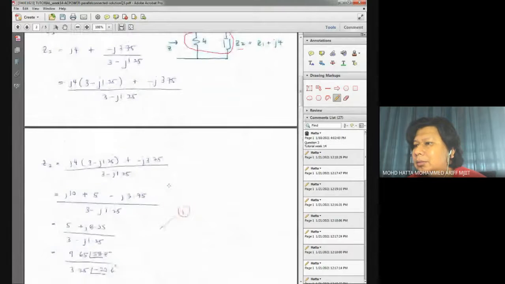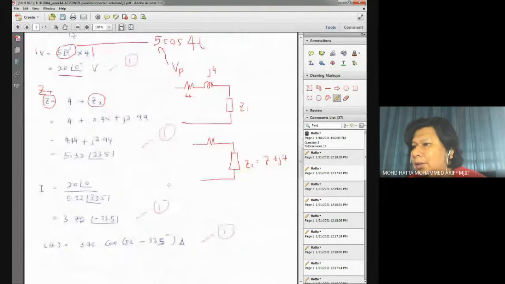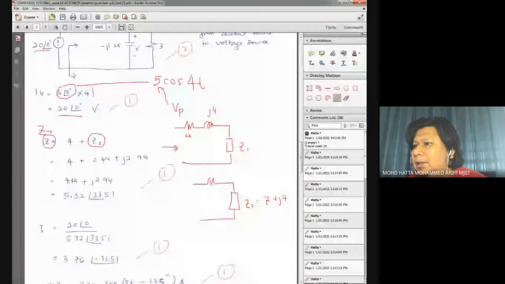Maybe you have your own idea because you see over here, Z total can easily be calculated based on this circuit. You don't need to combine these two and later on combine with 4. In other words, I would like to say that this circuit is basically not necessary at all.